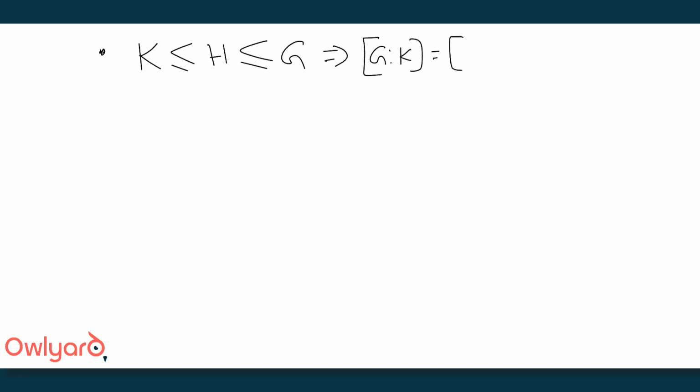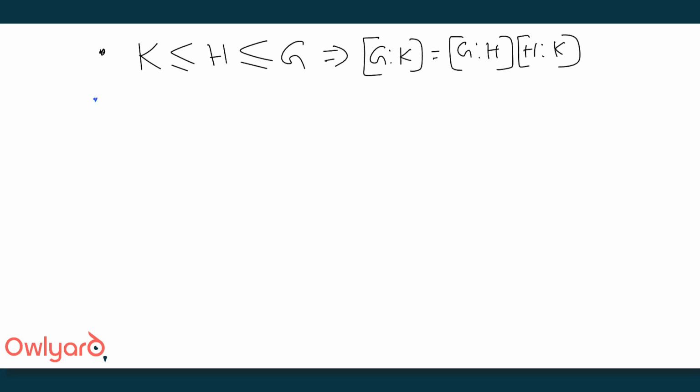What it says is that if I have a group K, which is a subgroup of H, and H is a subgroup of G, then the index of K in G is the same as the index of H in G times the index of K in H. So the group indices are multiplicative for nested subgroups. That's what it means.